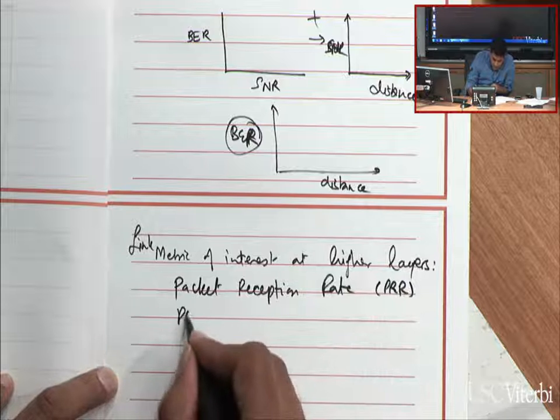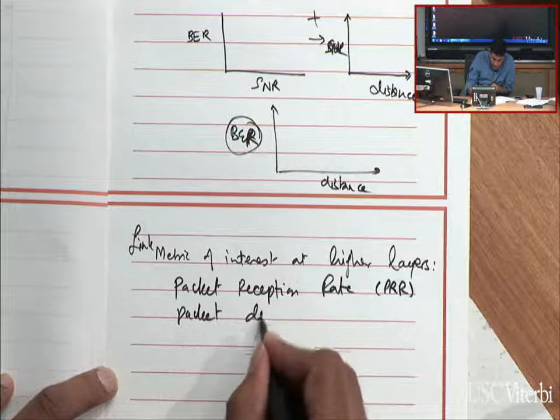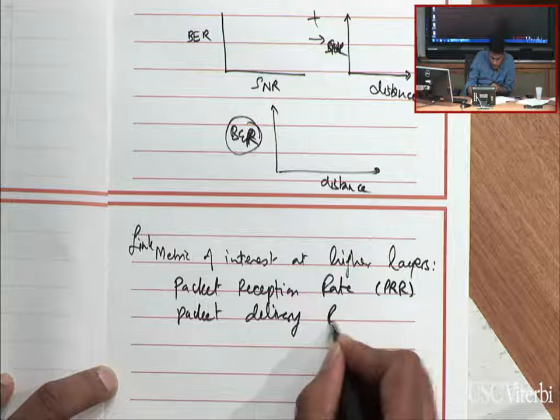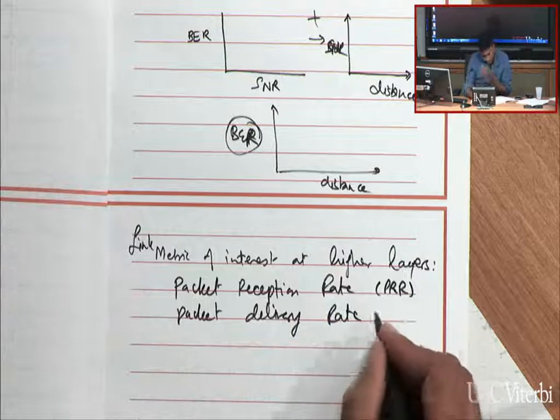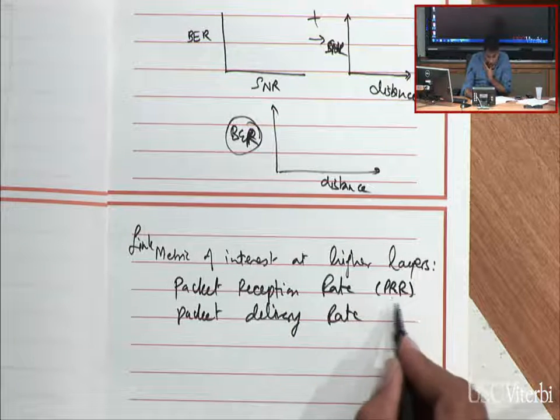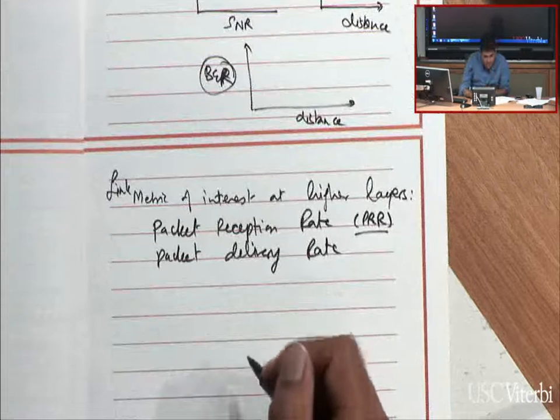Sometimes it's also referred to as the packet delivery rate, but it gets a little confusing because is it for a single link, or for a multi-hop system? We're going to use packet reception rate in our discussion.